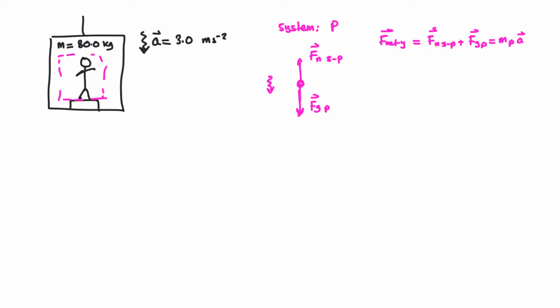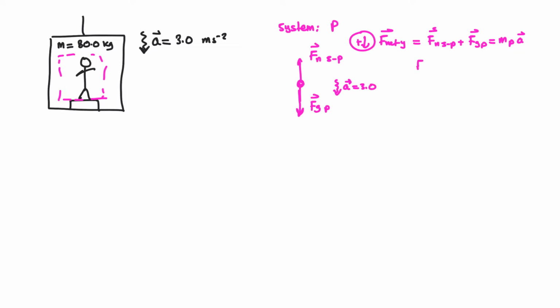And my acceleration is this way at 3.0, just so that it's a little bit easier to see. Since my acceleration is downward, I'll take down to be positive, and I'll plug everything in.